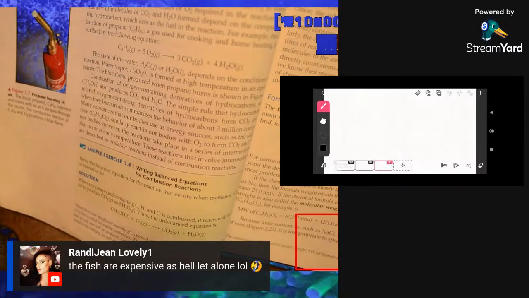The fish are expensive as hell alone. Yeah, for sure, Randy. And over here, I could get $10 frags of coral. I could just get them for you and ship them to you, and you don't need to pay me anything.